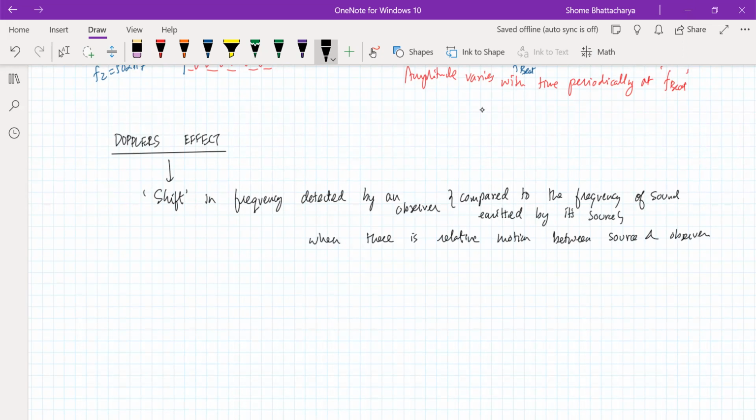So, for example, in case 1, we will see the source of sound emitting a frequency f moving towards a stationary detector or observer.